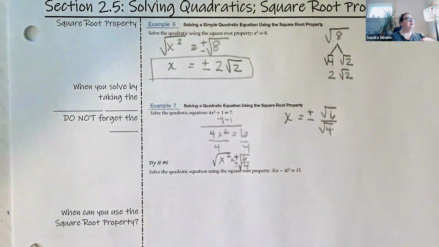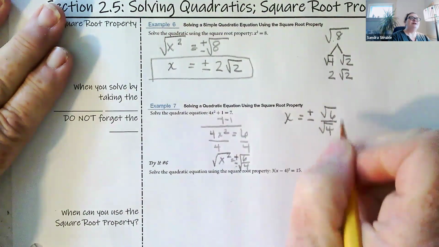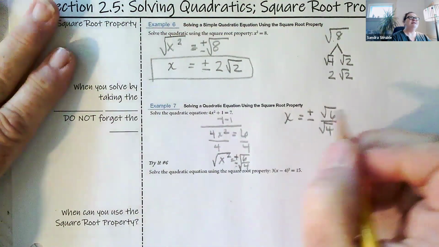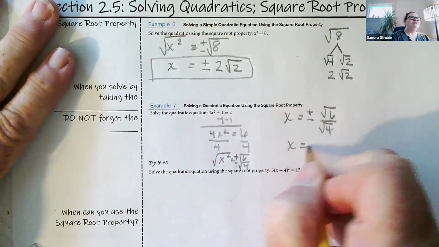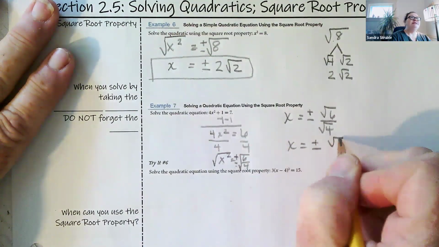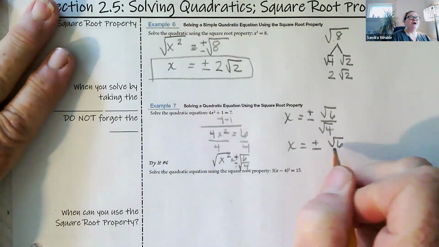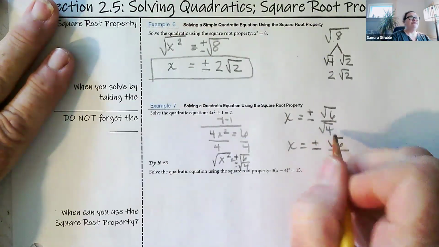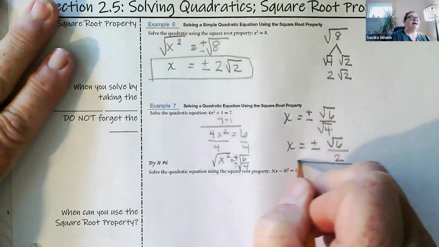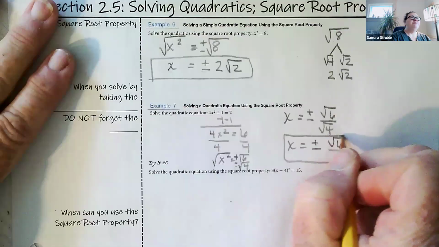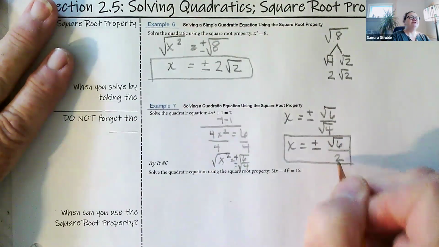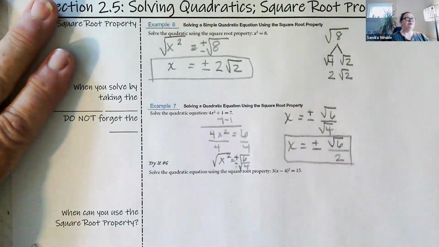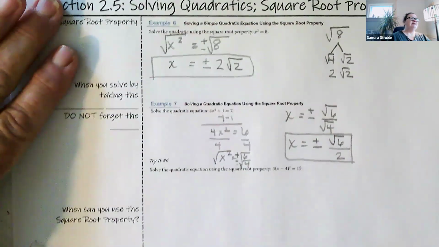Earlier, I think it was the last lecture, I told you no square roots in the denominator. So we're going to make sure that happens here. x is equal to plus or minus the square root of 6, because it's not a perfect square, but 4 is. So the square root of 4 is 2. My answers are the positive version of the square root of 6 over 2 and the negative version of square root of 6 over 2. All right.